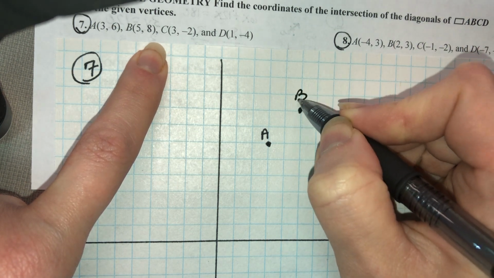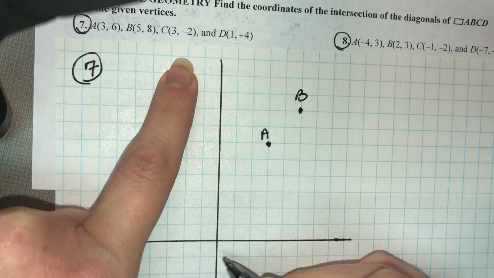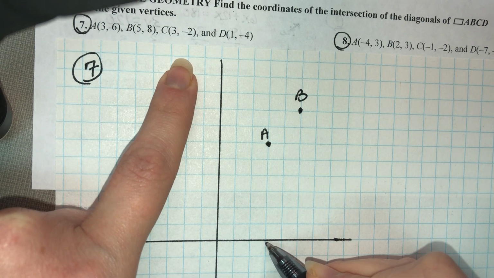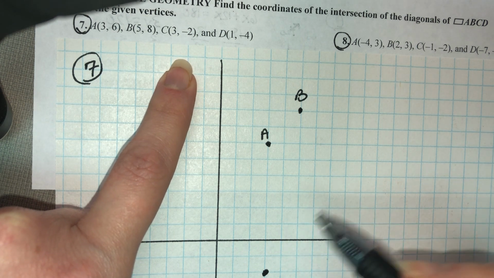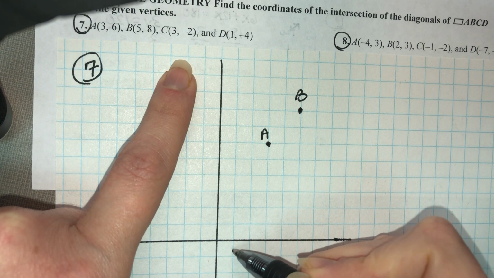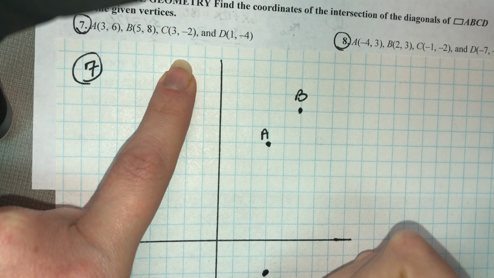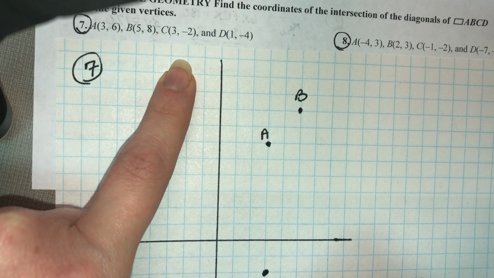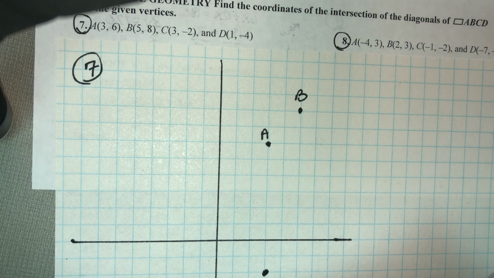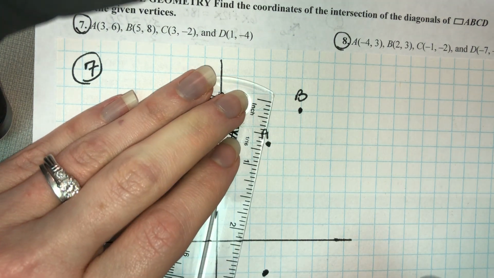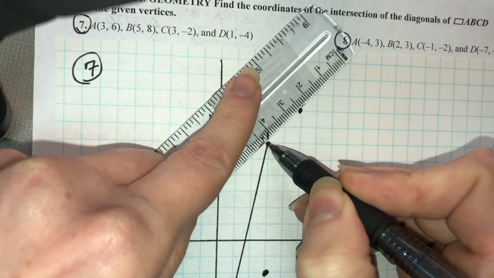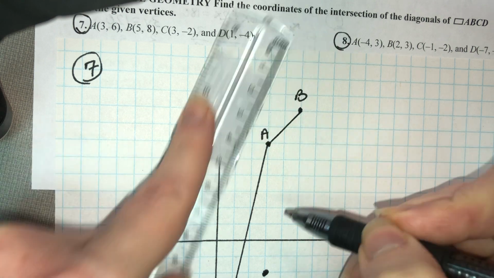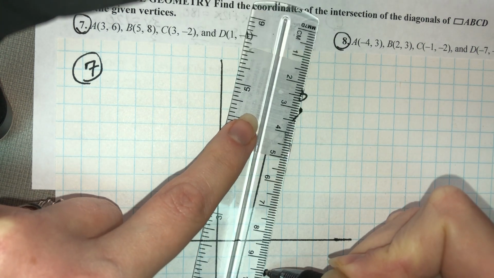So there's point B. C is at 1, 2, 3, down 1, 2. So this is point C. And D is at over 1, down 1, 2, 3, 4. So here's D. So this is a long and narrow parallelogram that we have just graphed.